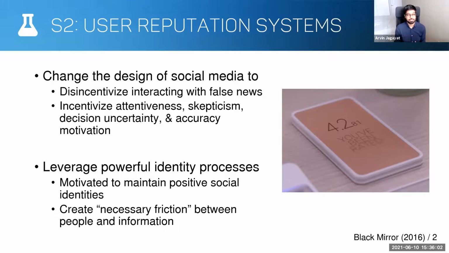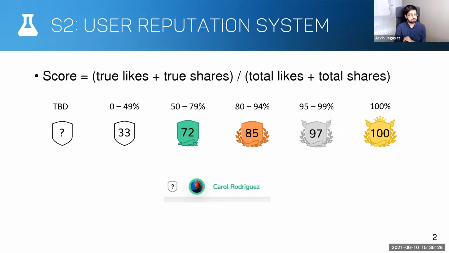One way I thought about potentially doing this is by leveraging identity processes, which are very powerful and are increasingly a topic of study in my discipline, which is psychology, because people always want to keep a positive social identity. They want to look good no matter what, because it carries social benefits with it. And people have control over how they express their identity, and I'm hoping you can use this to create some friction between people and information.